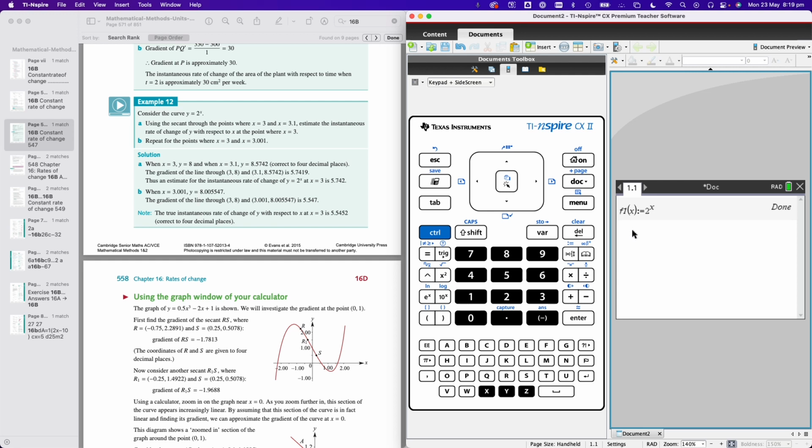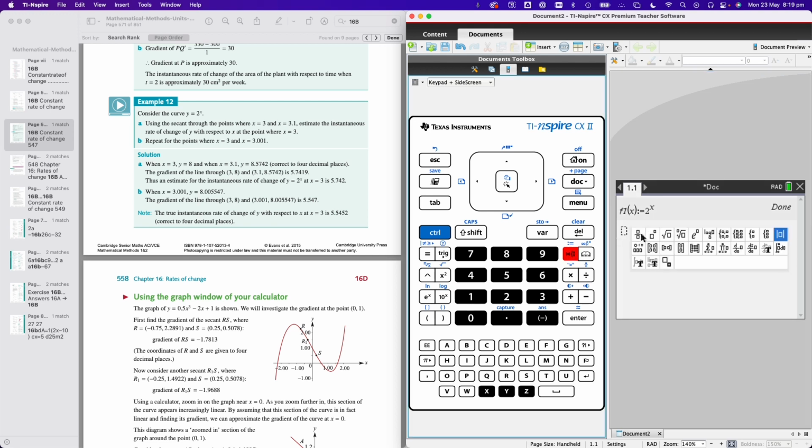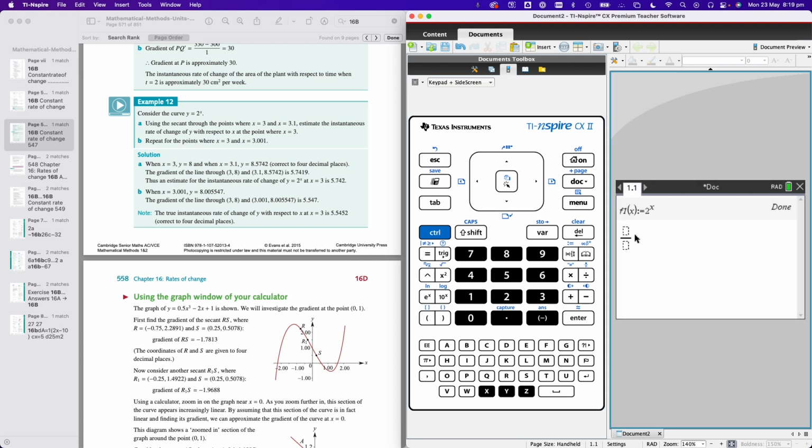So it's going to be, if you remember, f of b minus f of a. So I'm going to go into here and create a fraction. And on the top of the fraction, I'm going to go f1 of 3.1 minus f1 of 3. So you can see f1 of 3.1 is going to be like the y2 value, and f1 of 3 is going to be the y1 value.